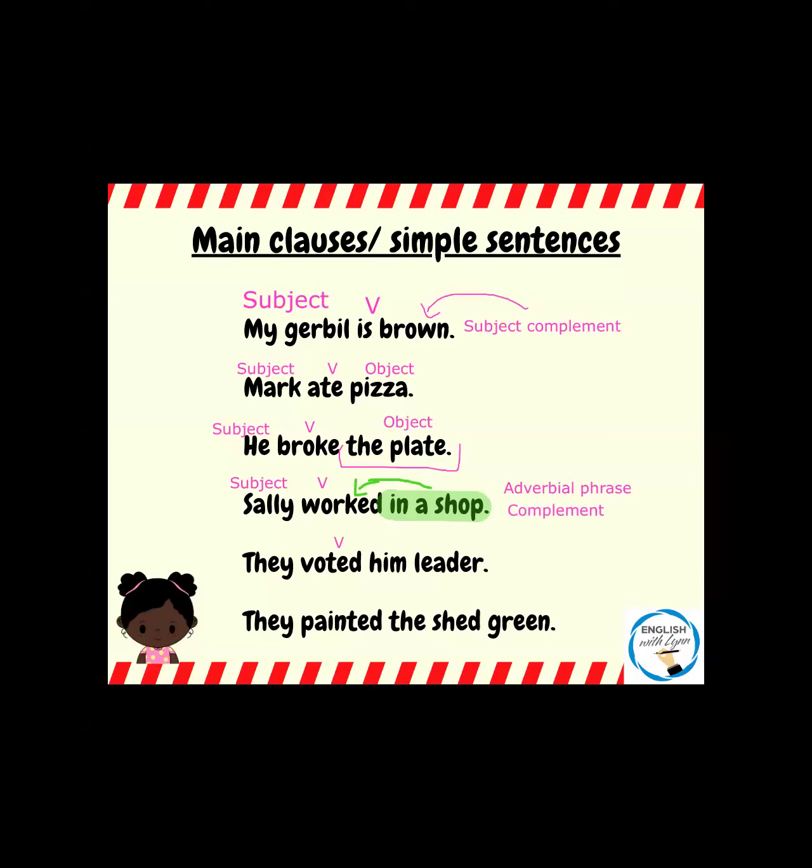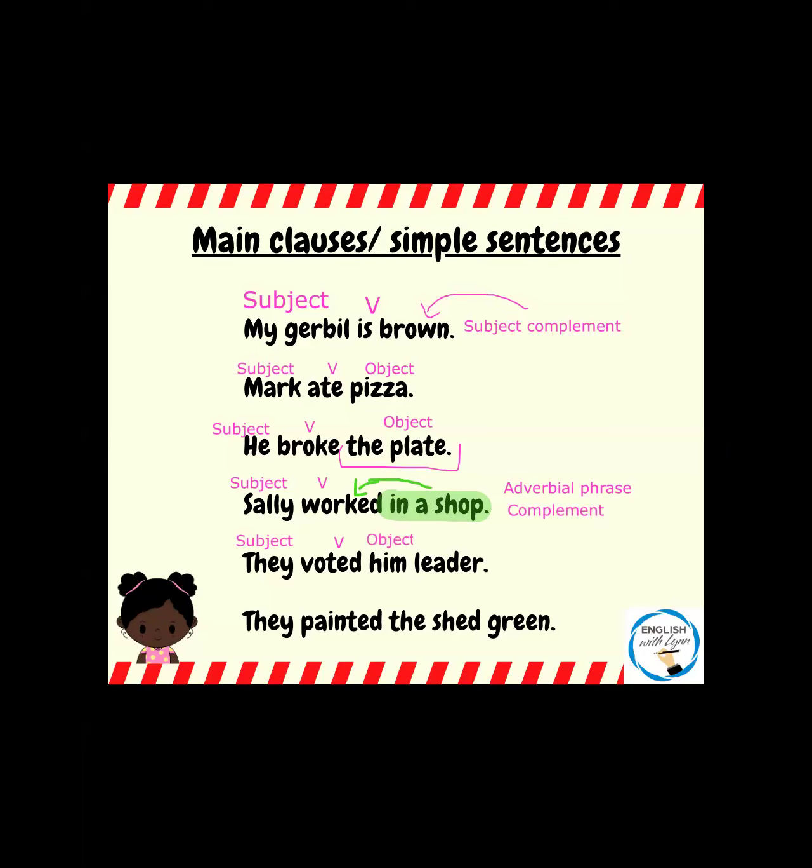And following the structure of the English language, we know that often the subject comes before the verb. So they is the subject that is doing the voting. Now, in this sentence, we have an object as well. And it's a bit strange because him is the object, it's who they voted for. Okay, so the him is the object.